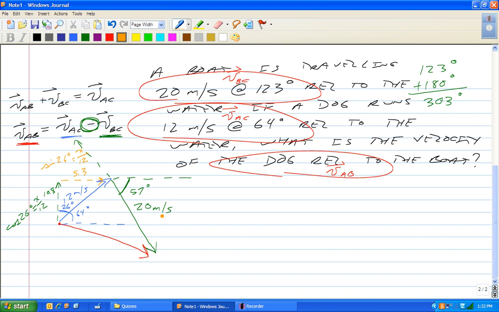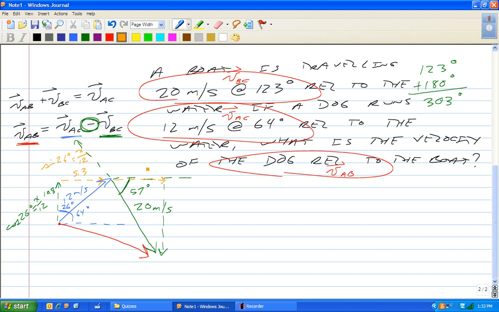Now I'm just going to do the same thing with this second vector. I'm going to say, hey, it's moving east at the same time as it's moving south. How am I going to get how much east it's moving? The 20, is that the green line? Yeah, 20 is the hypotenuse. Sine of 57 equals x over 20.